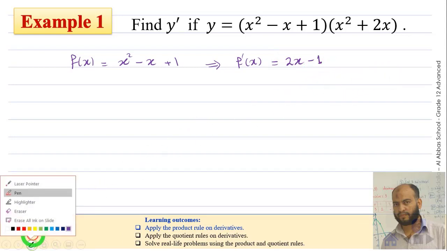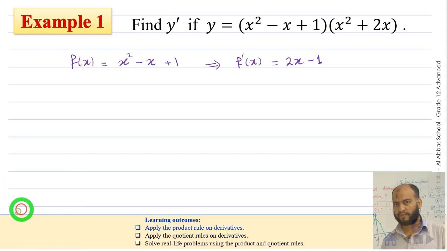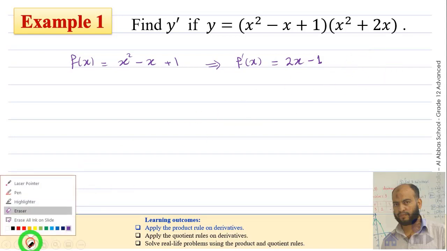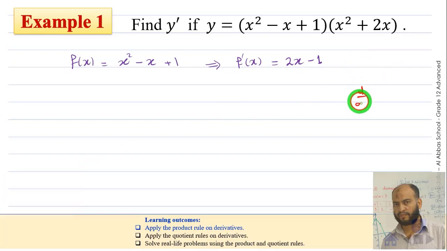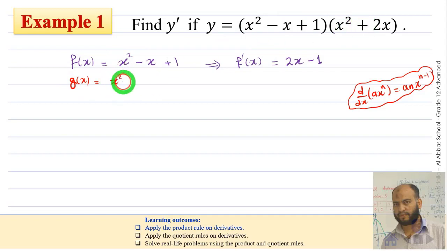Here we applied the normal rule in differentiation, d by dx of a x to power n equals a n x to power n minus 1. Then the second function is g of x equals x to power 2 plus 2x. Then we can find the derivative, g prime equals 2x plus 2.